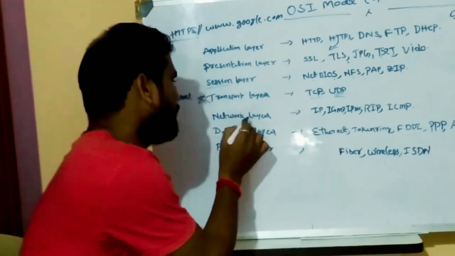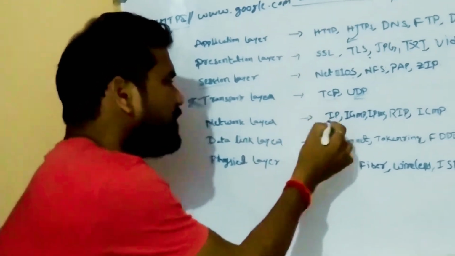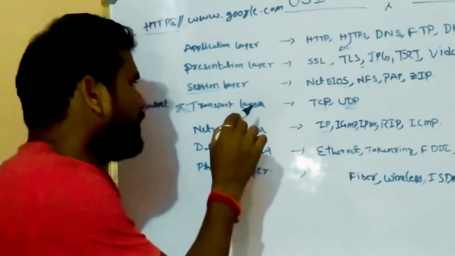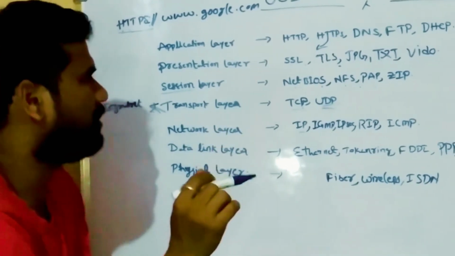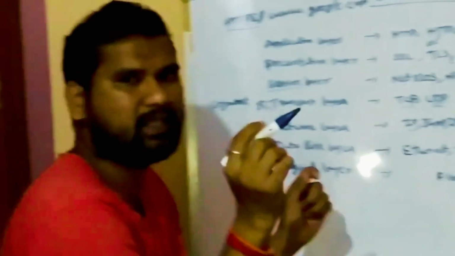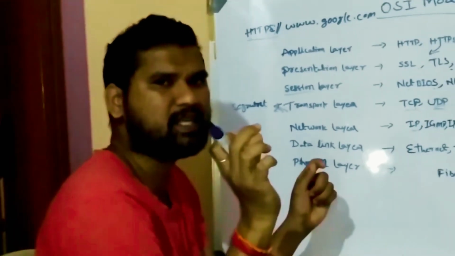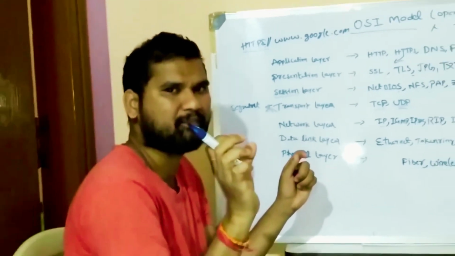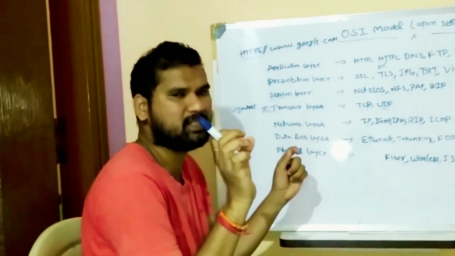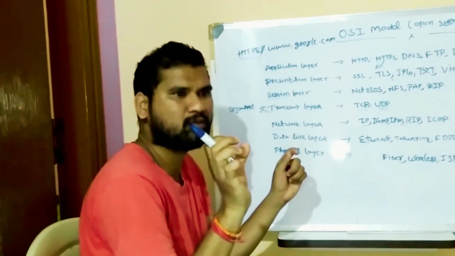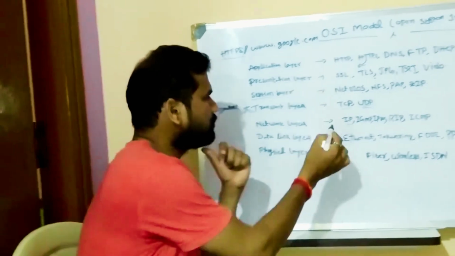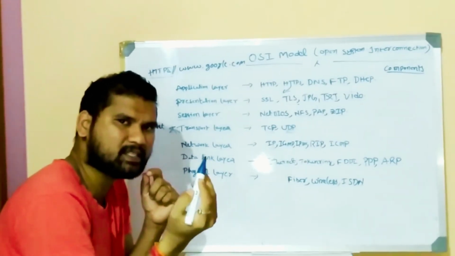Why is the network layer using IP? If I send one piece of data, in the TCP protocol it is given as segments, and each segment has one IP. Based on the IP, they forward it from source to destination. The IP protocols are IPv4 and IPv6.